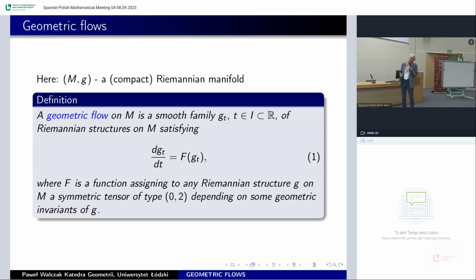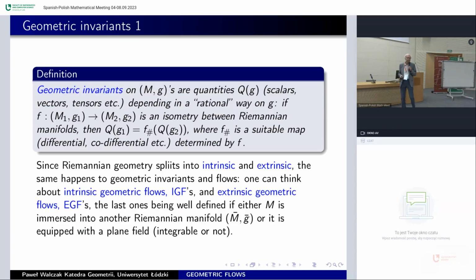This means of type (0,2). This terminology means that the structure assigns a real number to any pair of vectors tangent to M at the same point. Now this function should be reasonable in some sense. So, geometric. Now I think I changed this notation f to q. I didn't notice that.